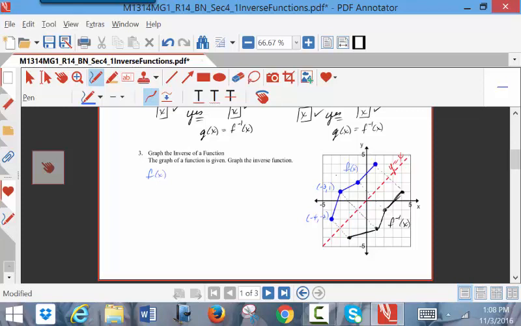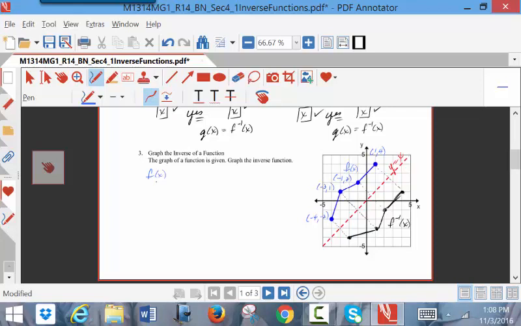The next point would be (-2, -1). Then (-1, 2). And then the highest point would be (1, 4). Those are the names of all those points.